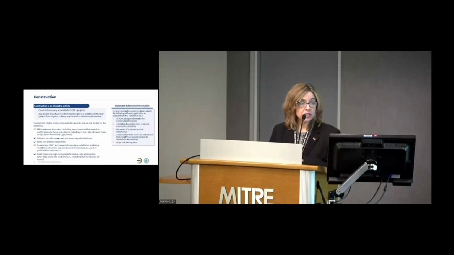So alongside the bullets here, we've provided some additional information that isn't in the NOFO as a requirement. It would be considered as other documents, providing a really detailed description of the construction project and the extent of the proposed ground disturbances and potentially how the land use and natural features at this site will be impacted by this construction.